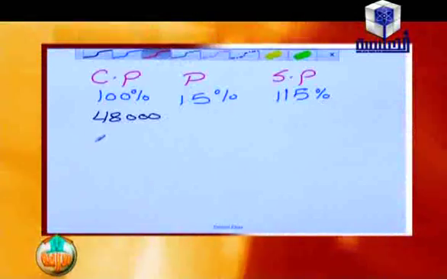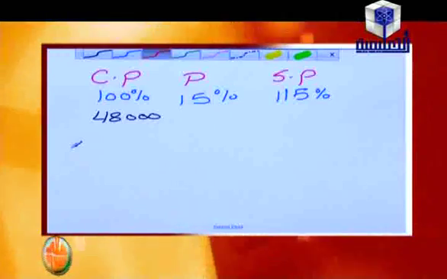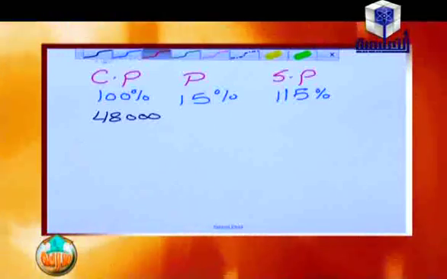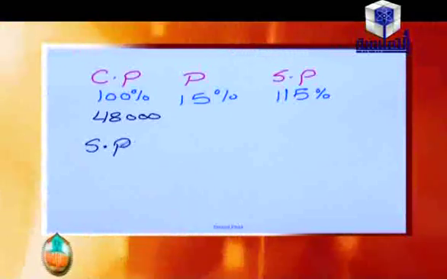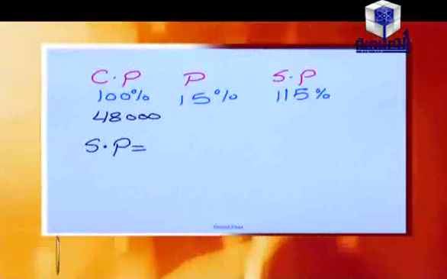Then he asked, Mr. Ahmed, for the selling price. So the selling price is given by making cross multiplication.